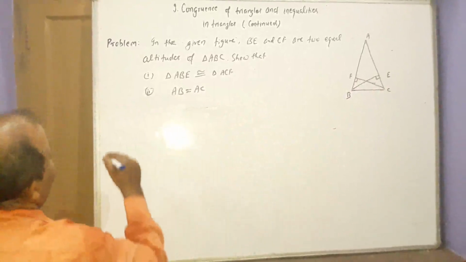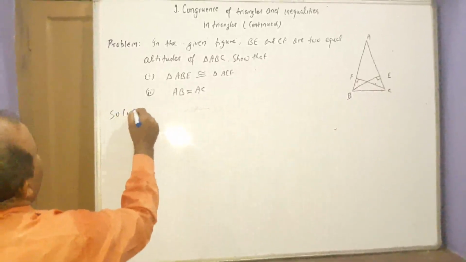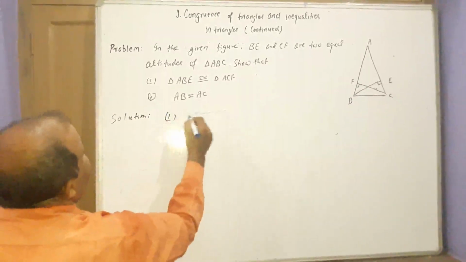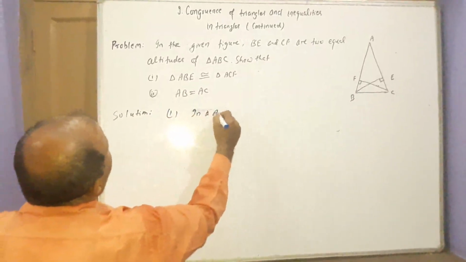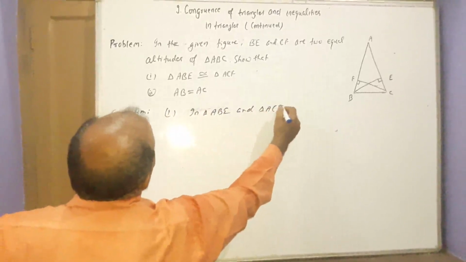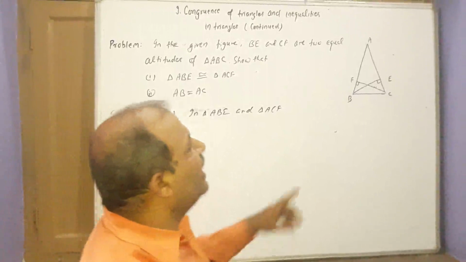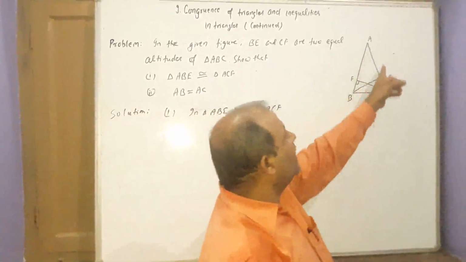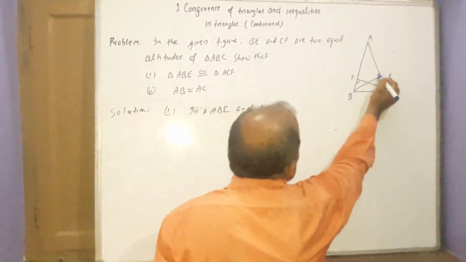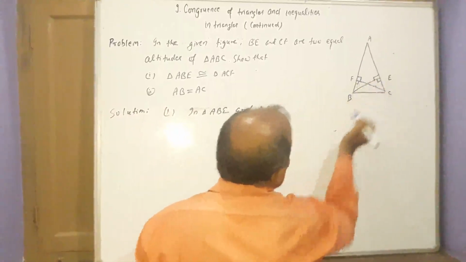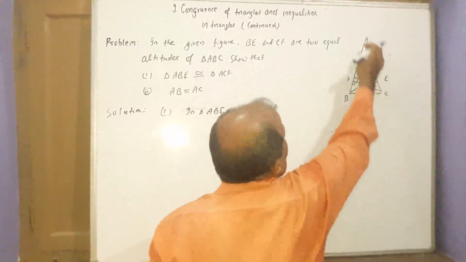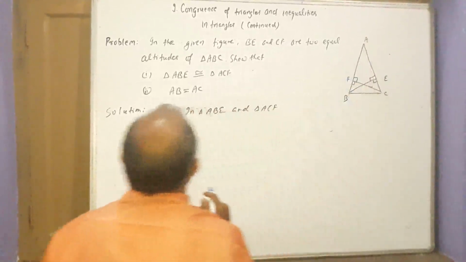Now we proceed to solve. Solution. 1. In triangle ABE and triangle ACF, see here, this one is 90 degrees and this one is also 90 degrees.